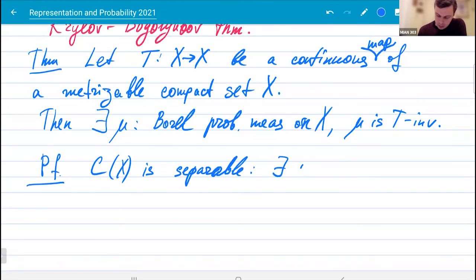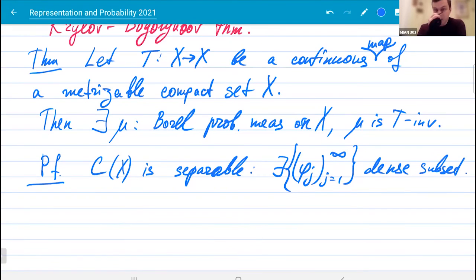So there exists a countable dense subset phi j in the set of continuous functions on X.